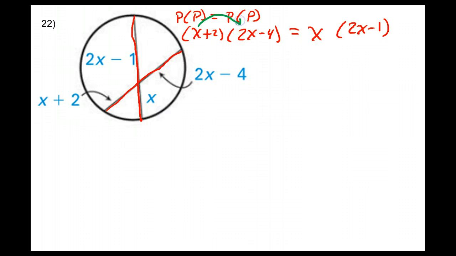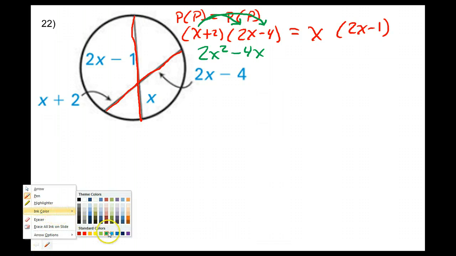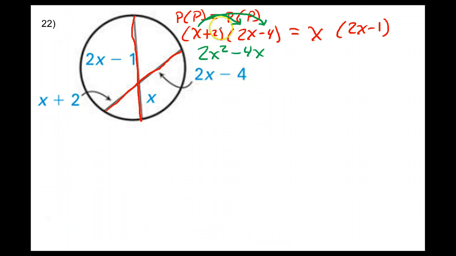So for example, if I take this x and do the distributive property, x times 2x is going to be 2x squared. X times negative 4 is negative 4x. Then I have to distribute this 2. So 2 times 2x, that's 4x. And then 2 times negative 4 is negative 8.